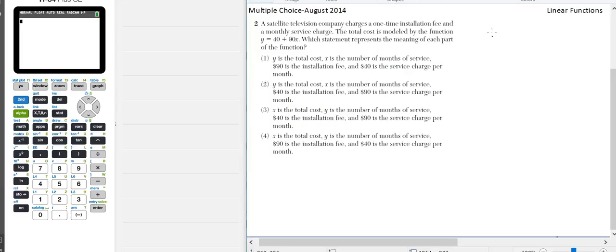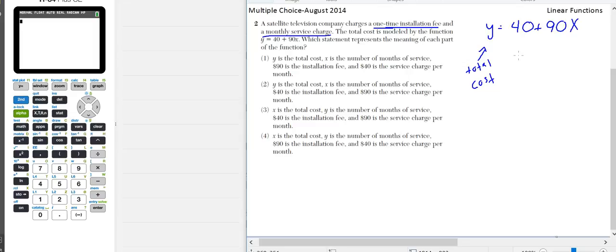So in our equation, y is equal to 40 plus 90x. We're told that this equation represents the total cost, so y is the total cost. And we're also told that somewhere in this equation, there's a one-time installation fee and a monthly service charge.